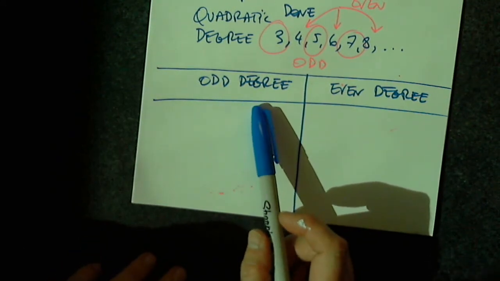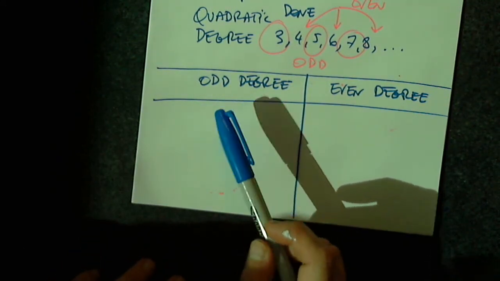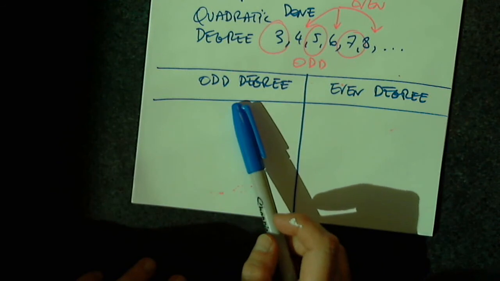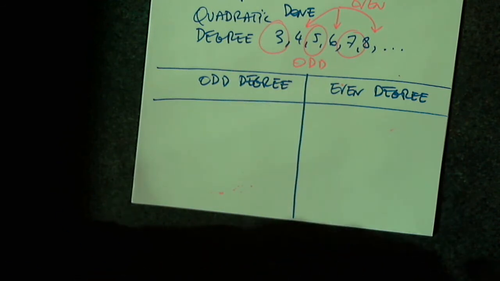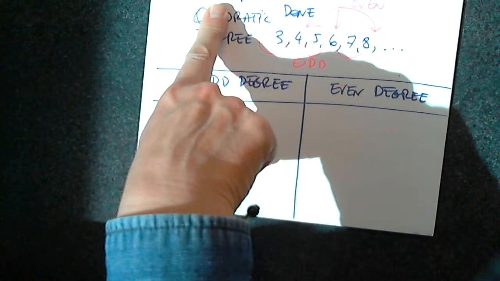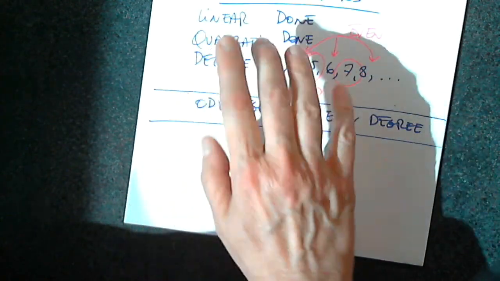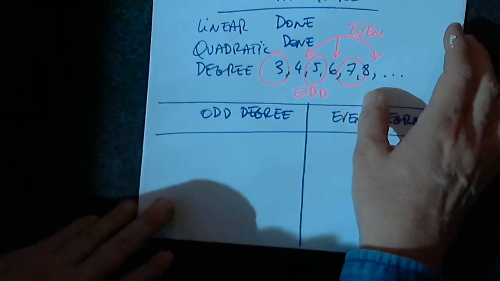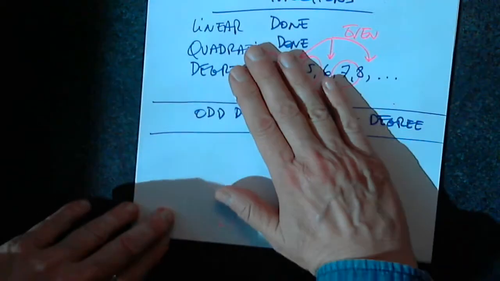Can you give me a function that we know everything about and it has odd degree? Yes, we don't know these. Perfect. Yes, cube root is fine.